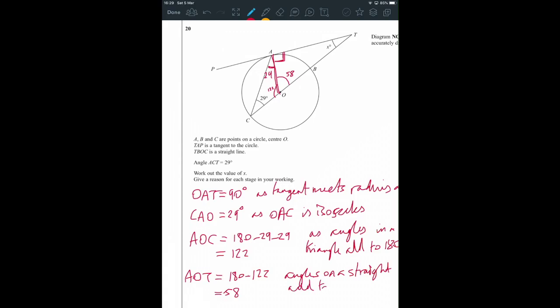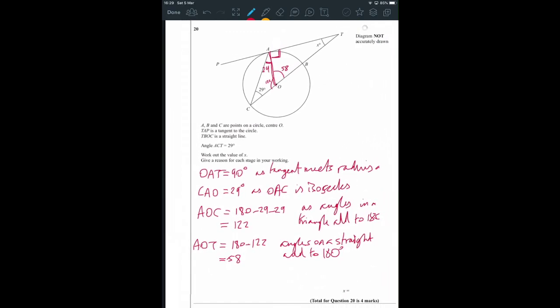add to 180. And then finally I can work out the value of x. So then ATO is 180, take away the 90 that we noticed right at the start, take away the 58 that we've just calculated. 180 take away 90 take away 58 gives an angle of 32.